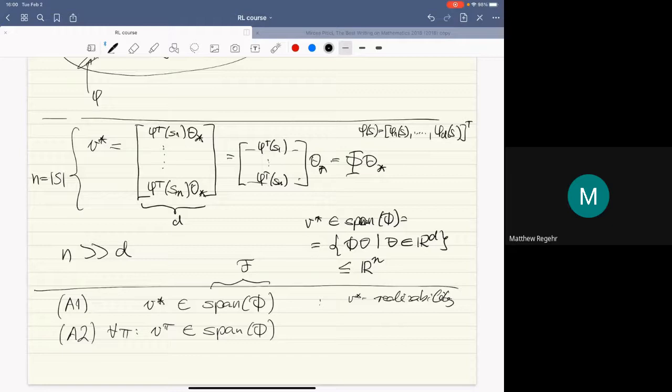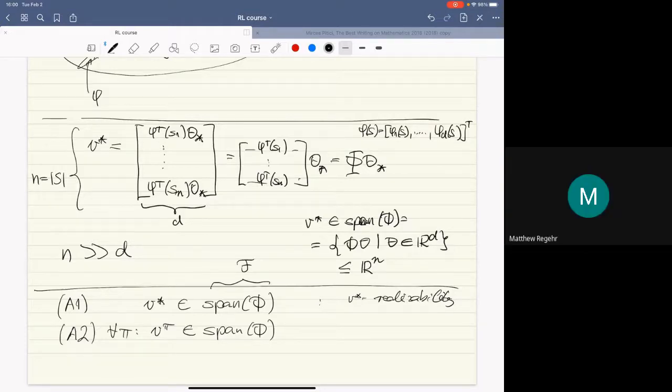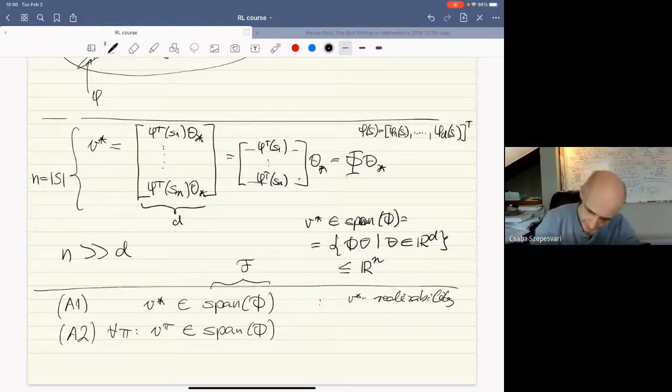I think A2 would be bigger. The set of MDPs that satisfies A2 is bigger or smaller? Sorry, I guess what I meant is A2 implies A1. Oh, A2 implies A1. Yeah, that's true.